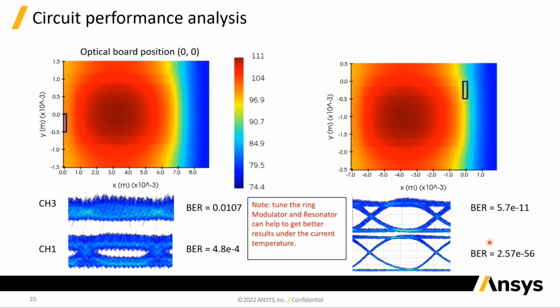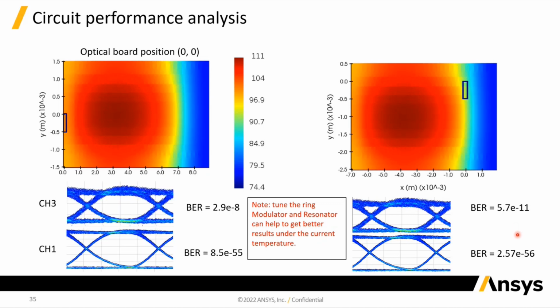Here is the node for tuning the ring modulator and also the resonator. It can help to get a better result under the current temperature. So here is the end of the presentation.